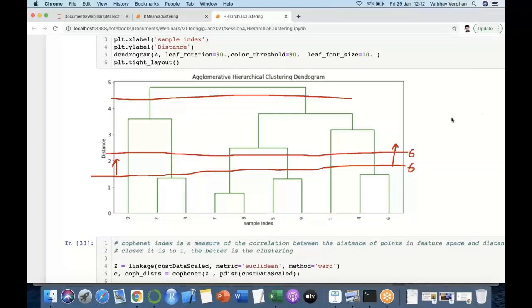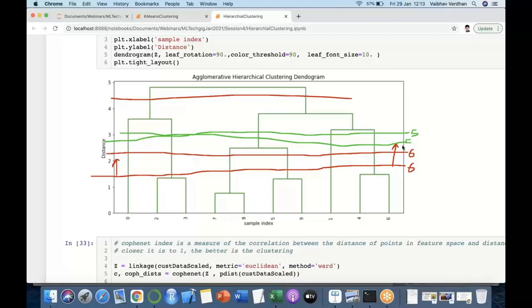If you take the second one, which I'll take in a different color, let's say green, if I make this cut, right, it is giving me 1, 2, 3, 4, 5 clusters. If I move it up, right, this is the number of clusters I can get. So you can see over here, between 6 and 6 and 5 and 5, the distance is higher.